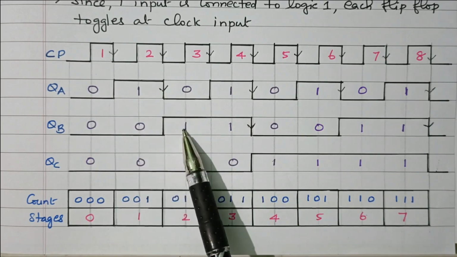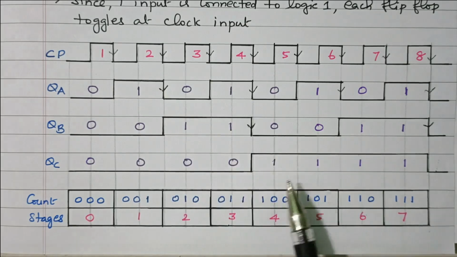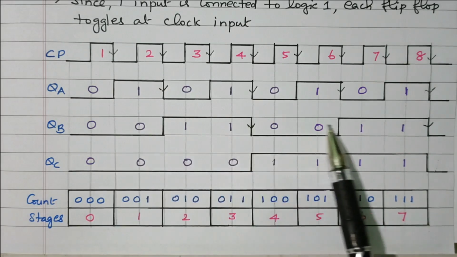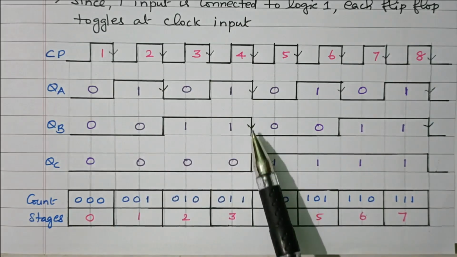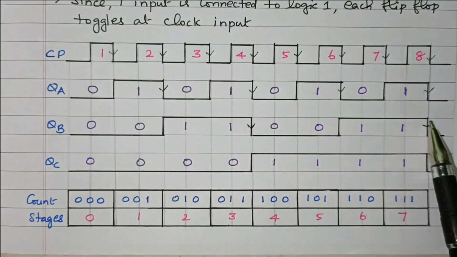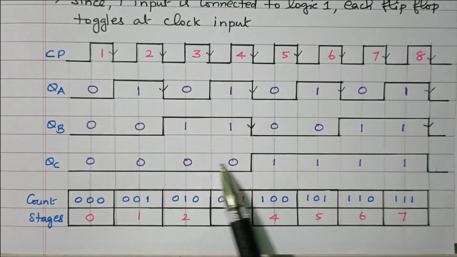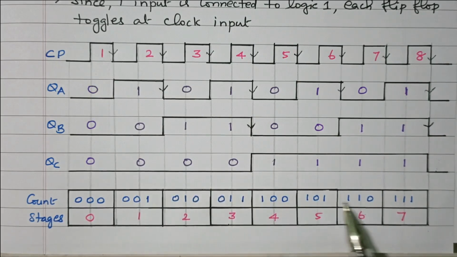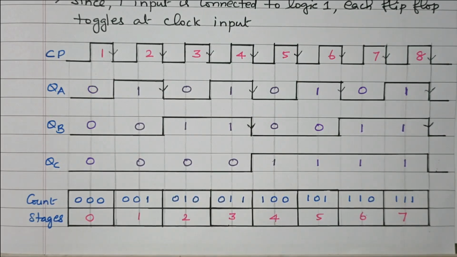Here 0 changed to 1. Here 1 changed to 0. The second flip-flop output is given as a clock pulse to the third flip-flop. So whenever there is a negative edge of the second flip-flop output, the third flip-flop output will toggle from 0 to 1. Accordingly, we got these 8 different combinations of output as a 3-bit asynchronous counter.